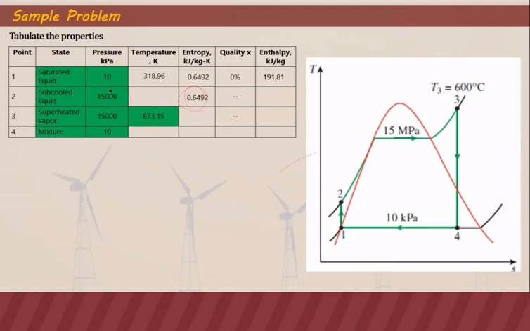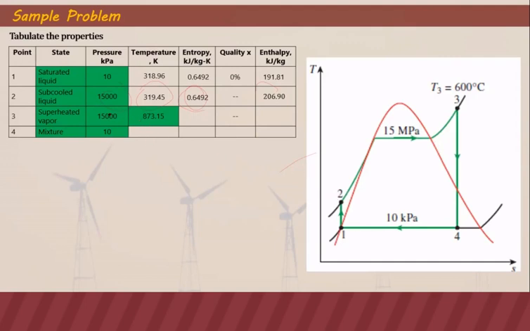Plugging in 15,000 kilopascal and 0.6492, you can get the temperature as 319.45 and the enthalpy at point 2 as 206.9 kilojoules per kilogram. So you have an increase in temperature as well as in enthalpy because of the increase in pressure from the pumping process.